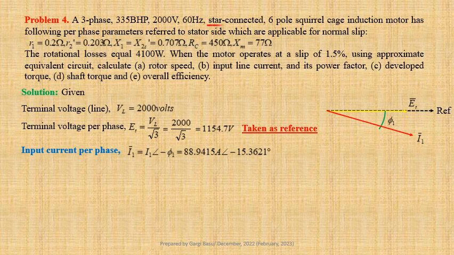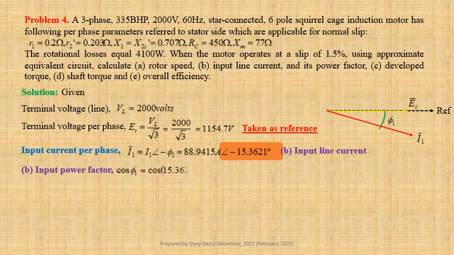For star-connected induction motor, input current per phase equals input line current. Let us now calculate input power factor. Cos phi 1 equals cos of 15.3621 degree, that is equal to 0.96427 lagging.